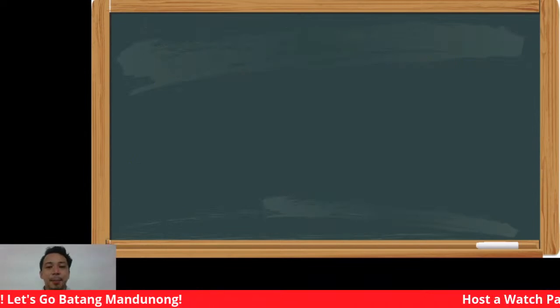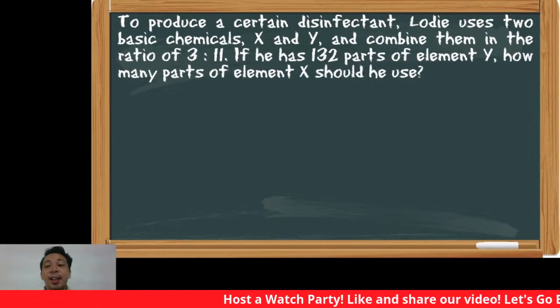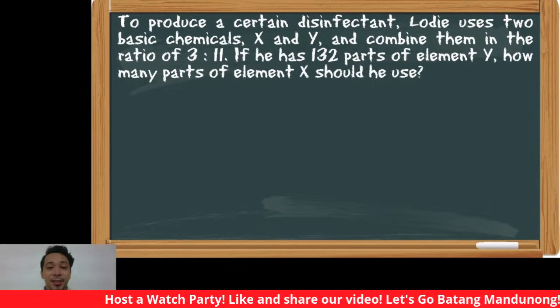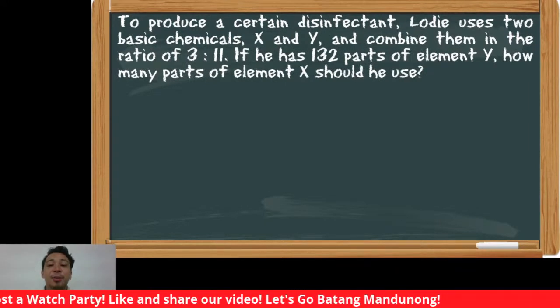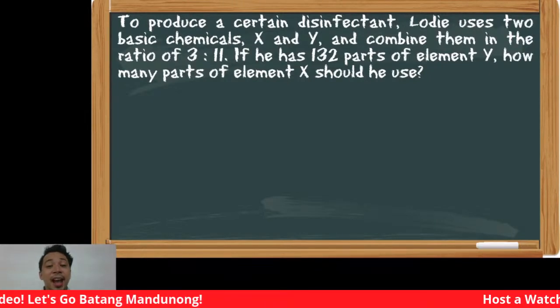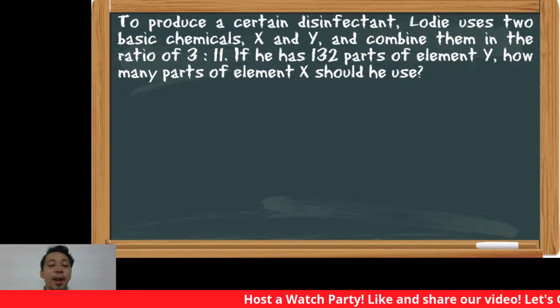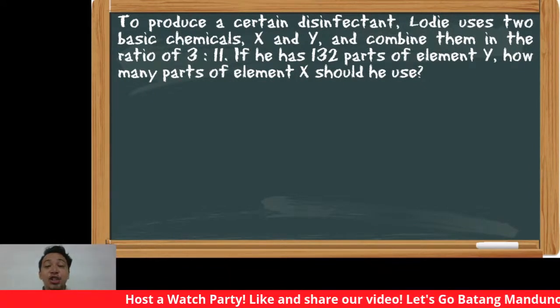Let's have this example. To produce a certain disinfectant, Lodi uses two basic chemicals, X and Y, and combines them in the ratio of 3:11. If he has 132 parts of element Y, how many parts of element X should he use?